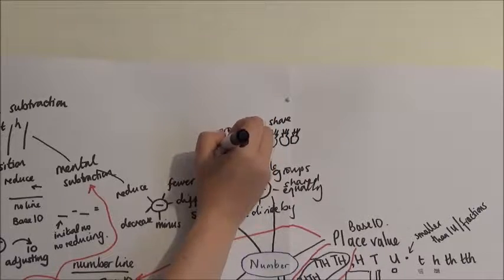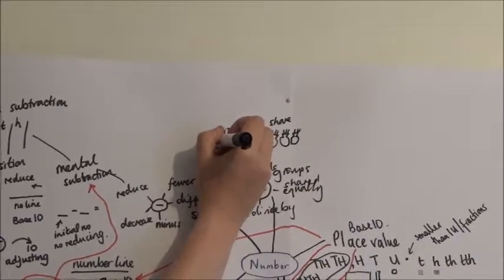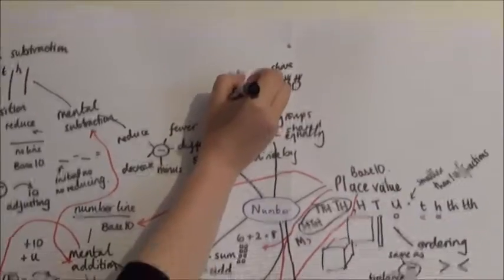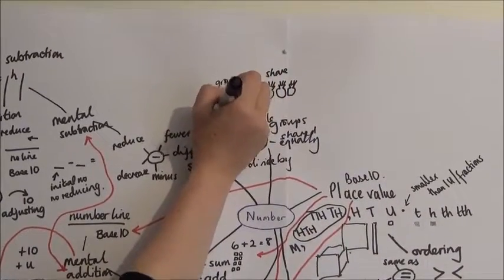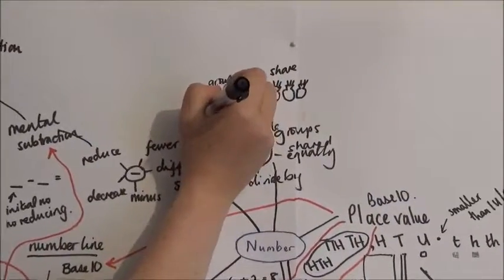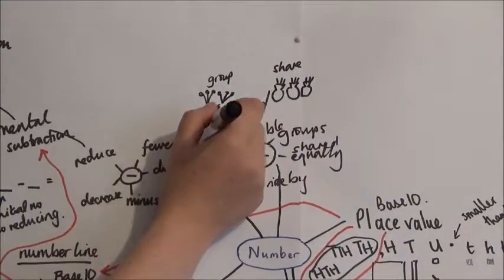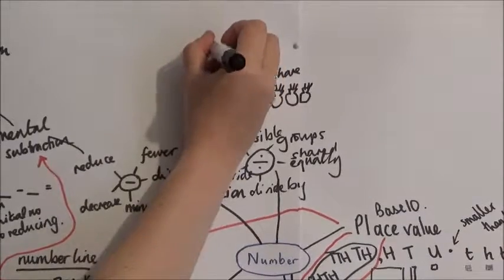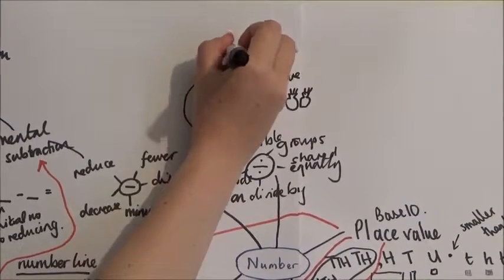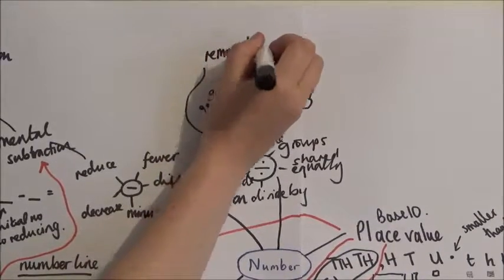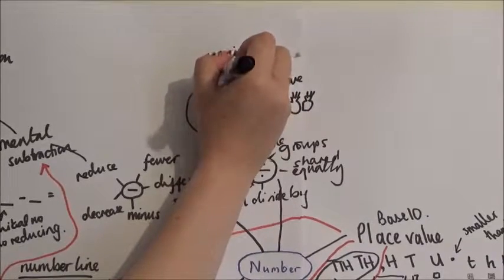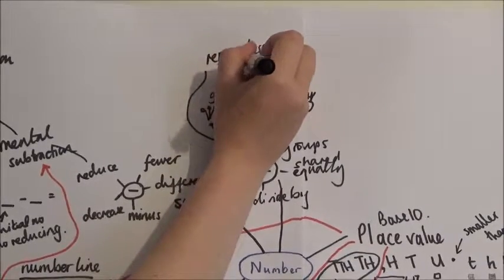Remember, we were talking about bunches, so grouping the flowers into bunches of 3. There we go. We also talked about remainders. And that's when we had some left over. We couldn't share them equally.